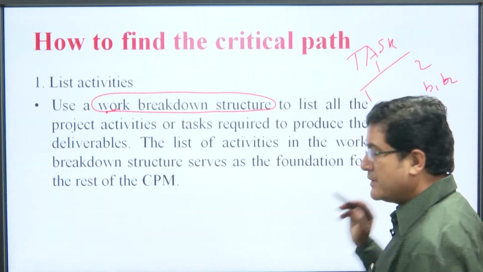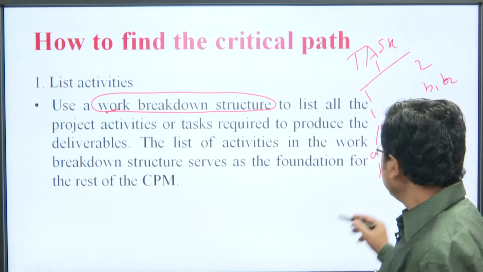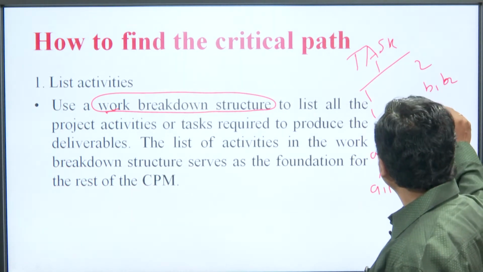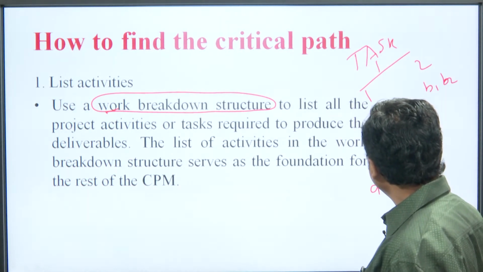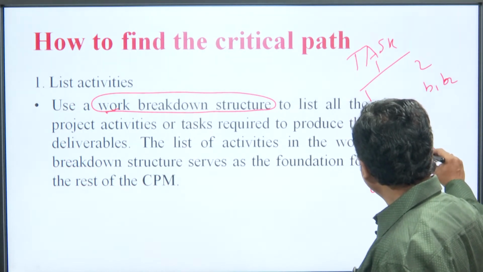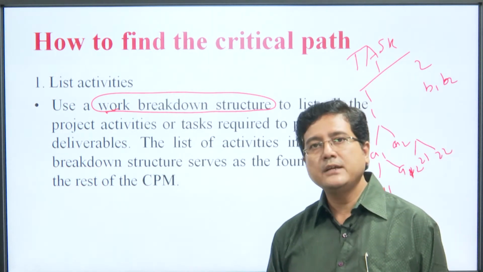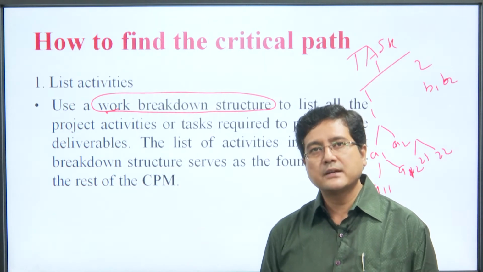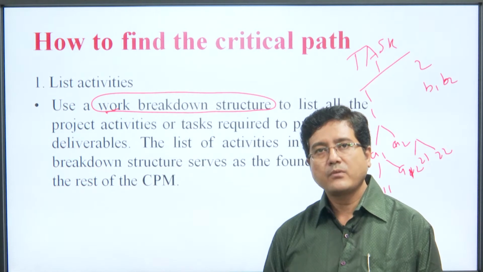If possible, we break down A1 further into A11, A12, and A21, A22. So it is up to the project manager how he represents his project, how he manages his project, and how he maintains the breakdown structure.